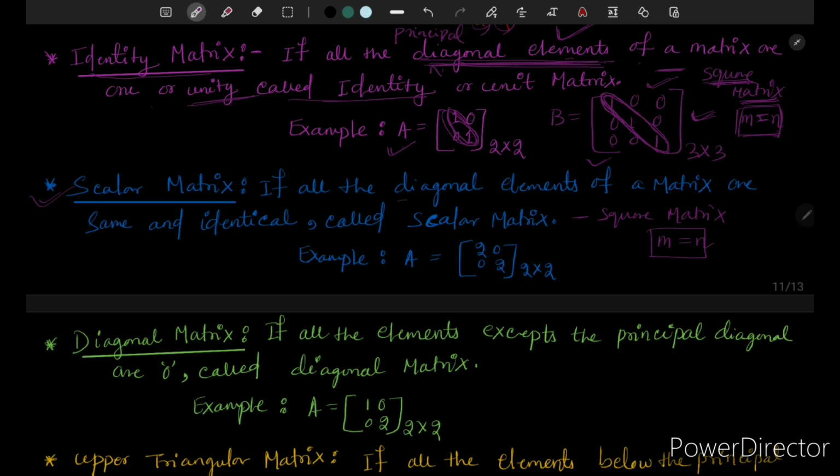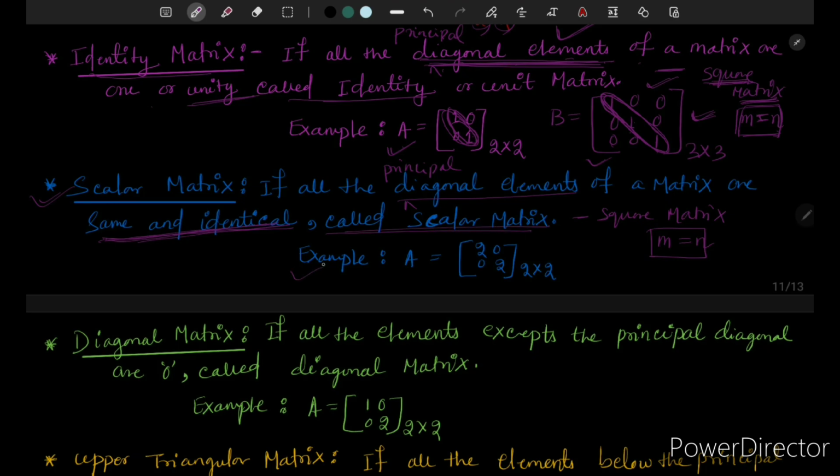If all the principal diagonal elements of a matrix are the same and identical, you must remember this, the same and identical, if we find all the principal diagonal elements are the same in a matrix, then we can call it a scalar matrix.